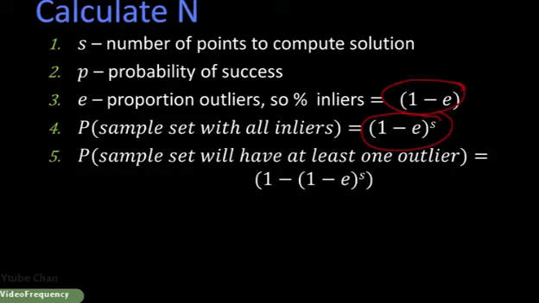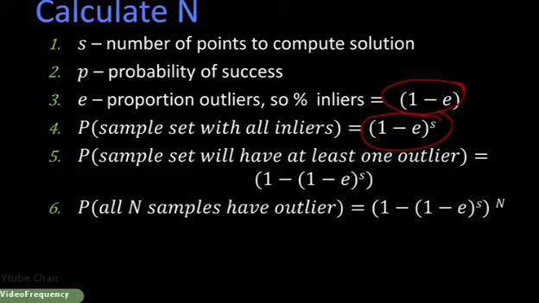Okay, so if I pull out n sets, what's the probability that all n are outliers? Well, given that my sets are independent, it's just this 1 minus (1 minus E) to the S, all raised to the n. Okay, so that's the probability that all n samples have an outlier.